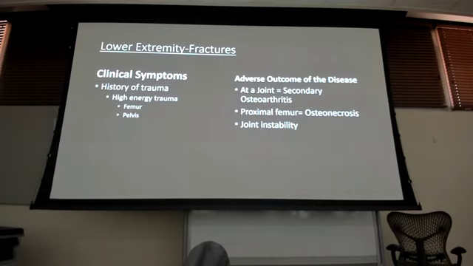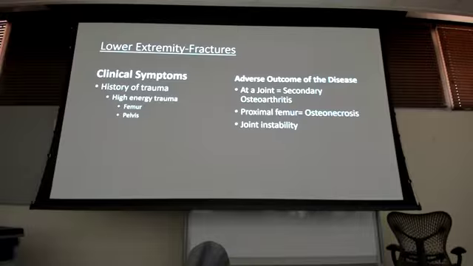Requires a lot of energy for some of these, especially femur fractures are going to require quite a bit of energy to cause. So usually we catch these in the trauma bay when they present. But we may see some low energy, especially with those osteoarthritis or osteoporotic patients.